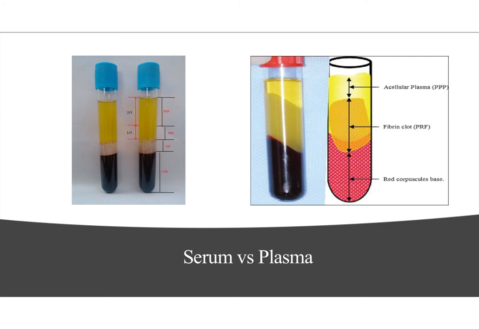If you don't wait for the blood to completely clot, then you're going to get what is called a fibrin clot, and that is this right here. All right? This is like a ball of snot in the middle of our specimen.